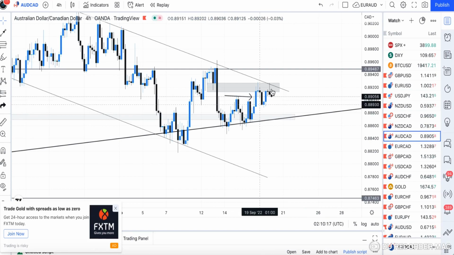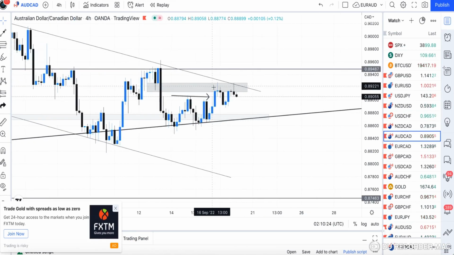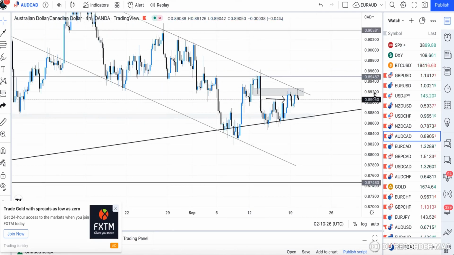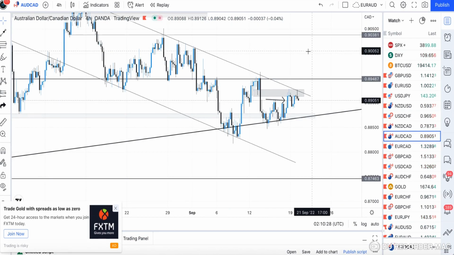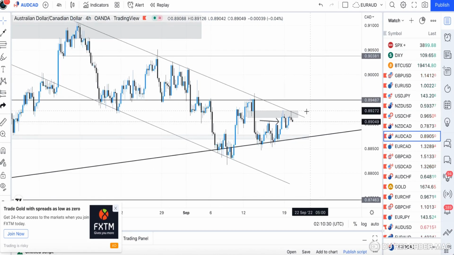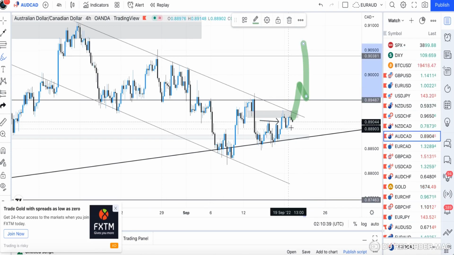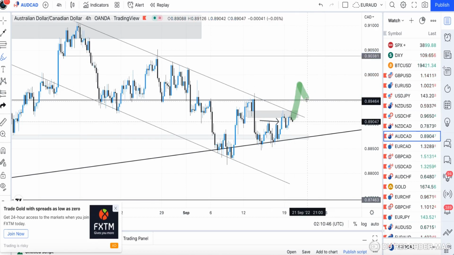Don't forget that we have 3 confirmations of selling at this particular area, so we don't have any confirmation of buying unless we have a negative CPI, and then we have a break above this particular structure to the upside. That is when we'll have a reason to buy at that particular area. So all the buyers still remain bearish.